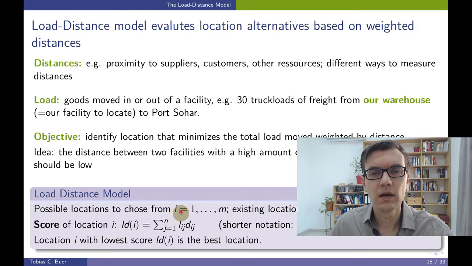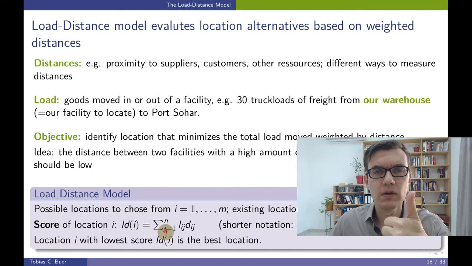Now, for each potential location i, we calculate a score. This score is called the load distance score of the location i. And the score is calculated as follows. We select one i, for example, location number 3, and then we calculate this formula.